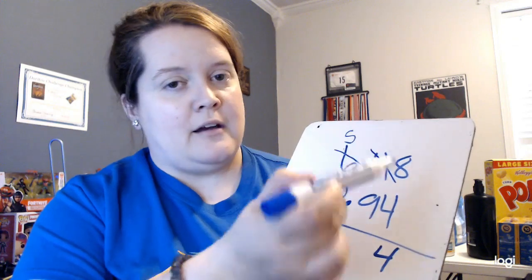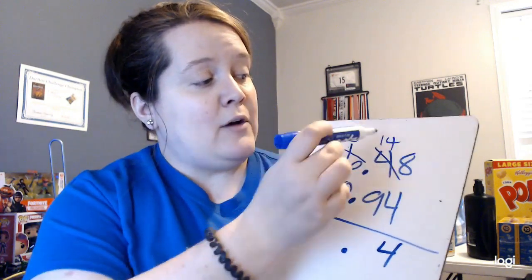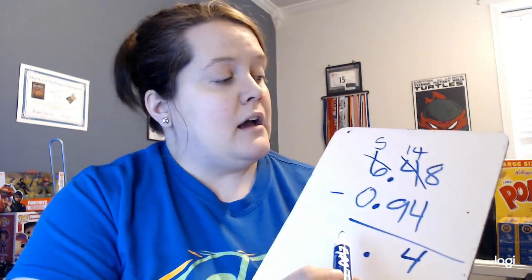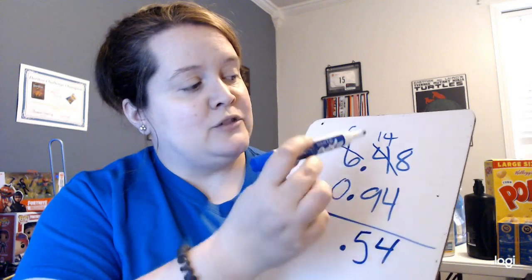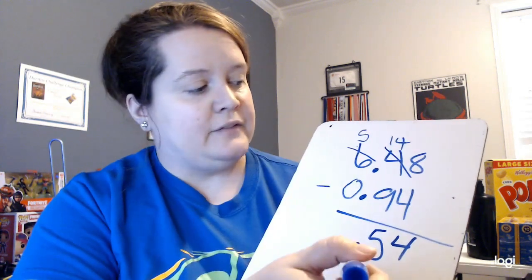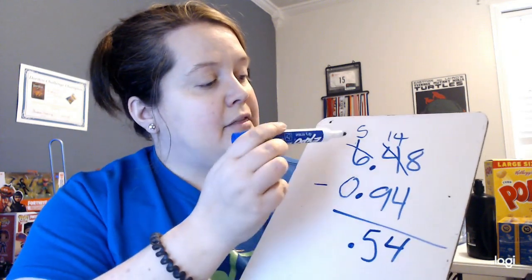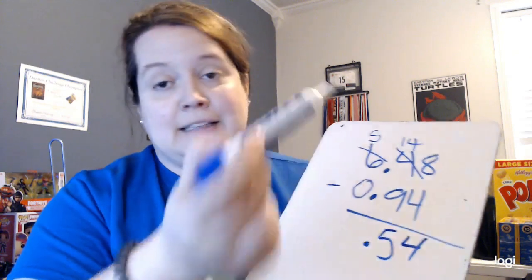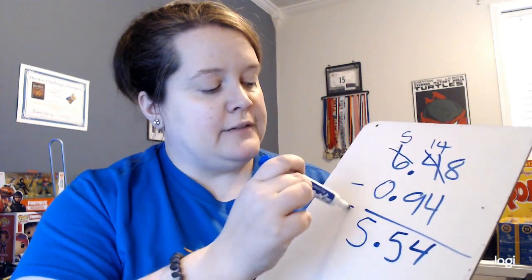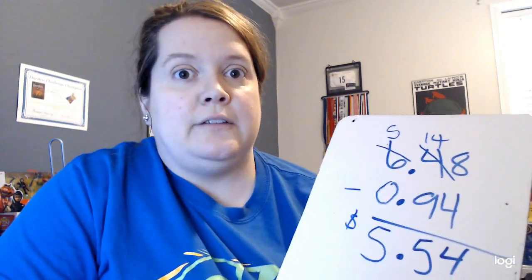The 4 becomes 14. Now I can do 14 minus 9, and 14 minus 9 is 5. Because 10 minus 9 is 1, and I had 4 over here, so 5 left. And then 5 minus 0 is 5. So the difference between these two is $5.54.